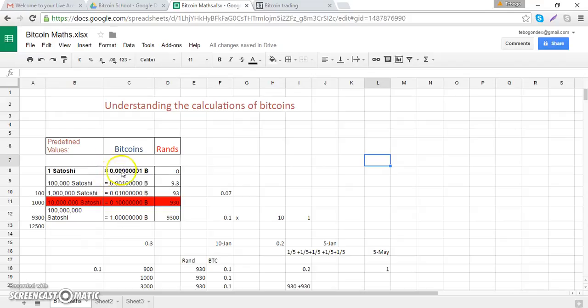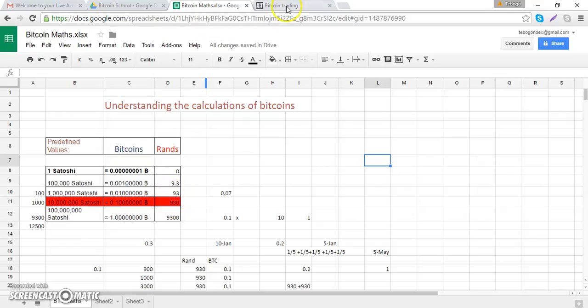Otherwise the rest will be 0 point something. And in our case, we definitely don't have 9,300 in our account. For one Bitcoin, we only have 150 rands, which will be in this region.